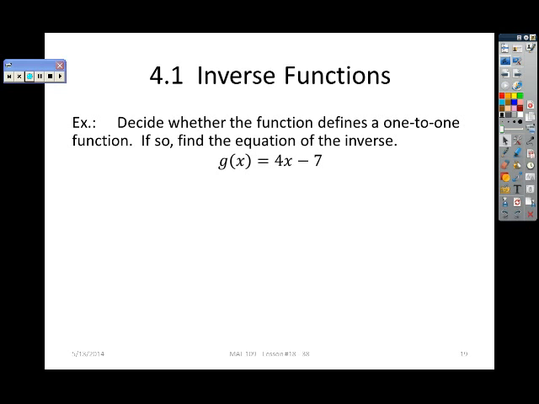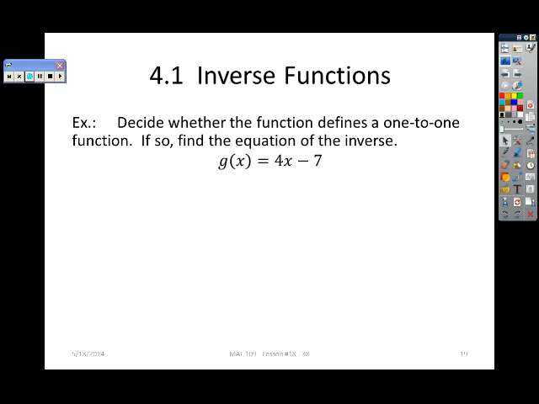What else do you know about that straight line? Slope 4, so it's going up 4. It crosses the y-axis at -7. So I've got a line like this.